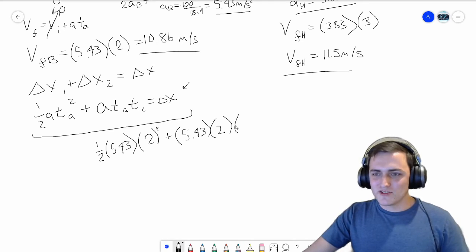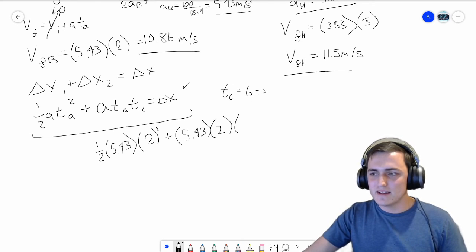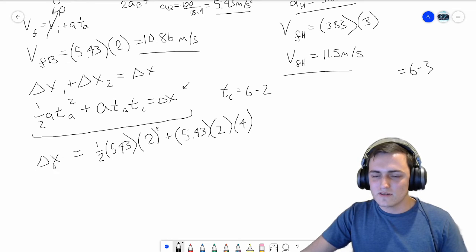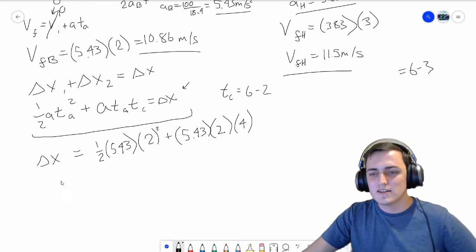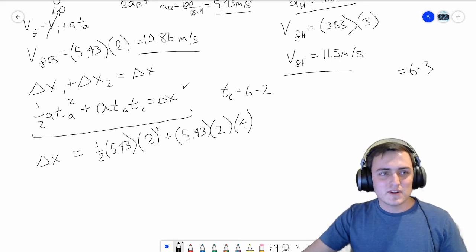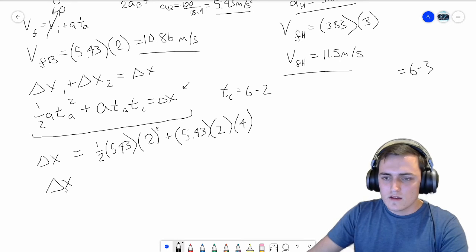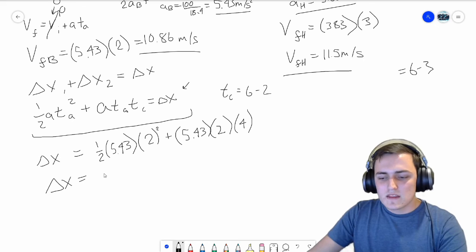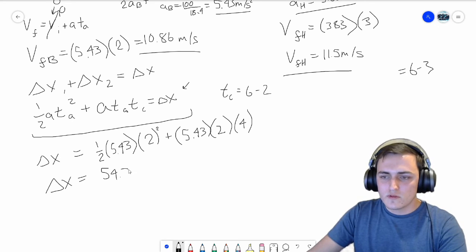So we're going to use t of c equal to 6 minus 2, or 6 minus 3 for Henry. That's going to be 4 seconds. This is all equal to his change in position at 6 seconds. Plugging this into a calculator, we get delta x equals 54.3 meters.